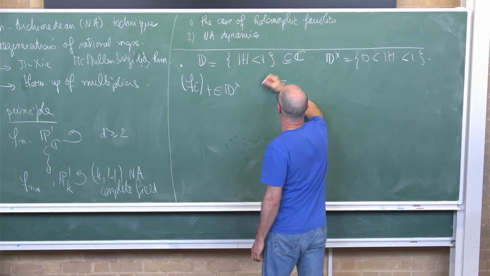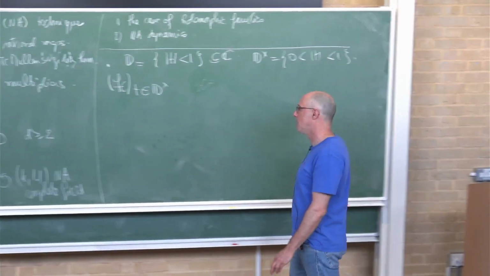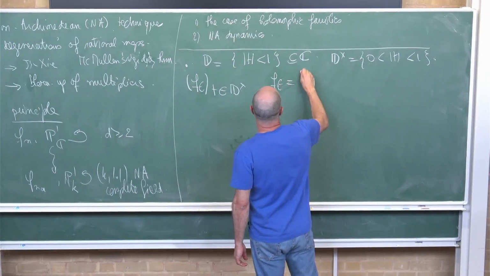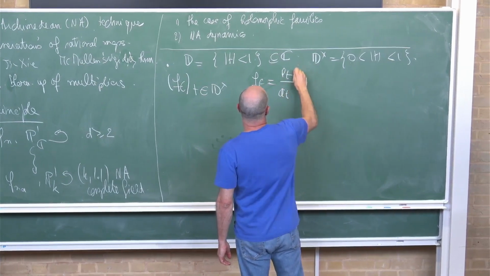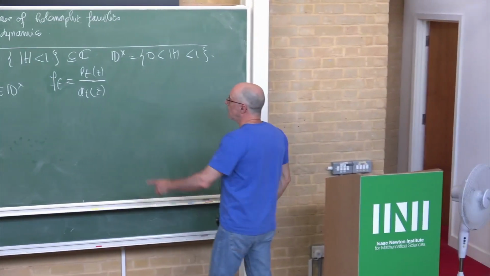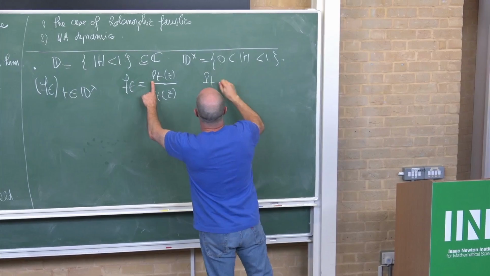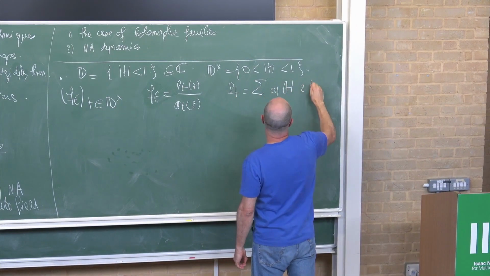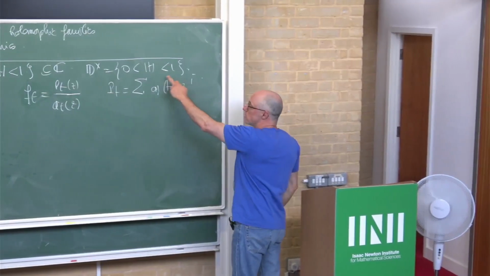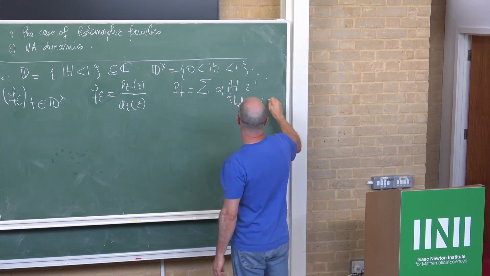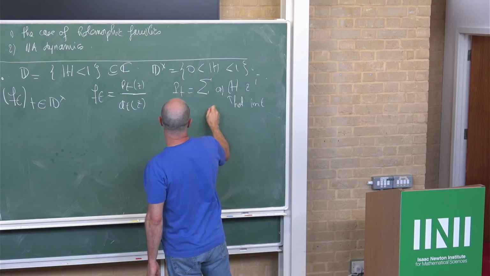It is a holomorphic family of degree D rational maps if it is a quotient of two polynomials, Pt of z over Qt of z, where Pt is a polynomial whose coefficients are holomorphic in t. Same for Q.